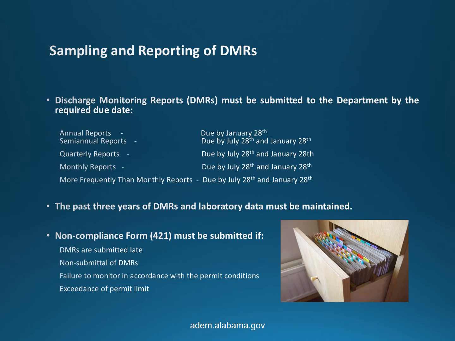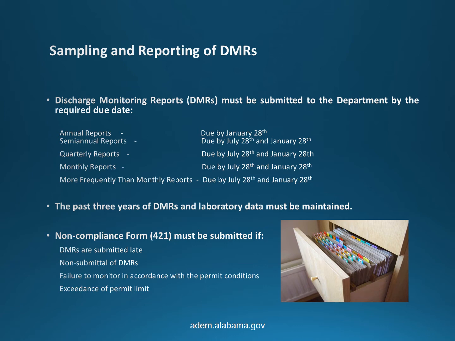Another common compliance issue is inadequate sampling and reporting of discharge monitoring reports, or DMRs. The general permit requires that stormwater discharges and certain process water discharges are sampled and monitored for certain parameters. The type of permit that you have will determine the monitoring frequency and which parameters you will monitor.